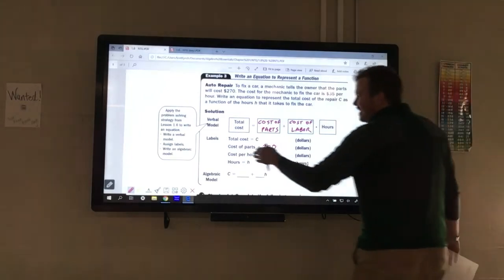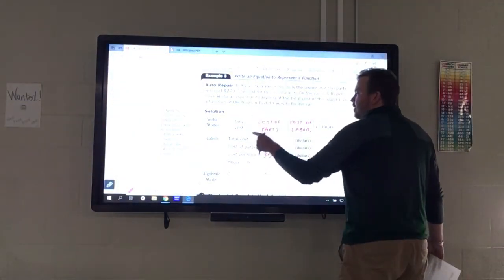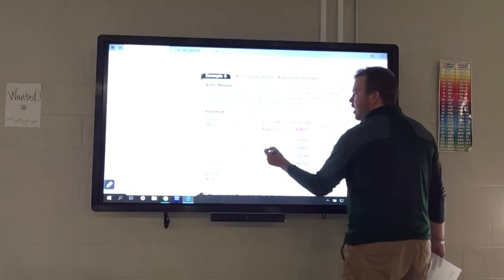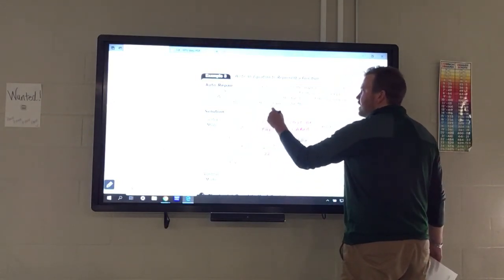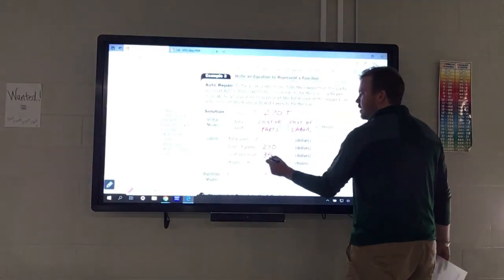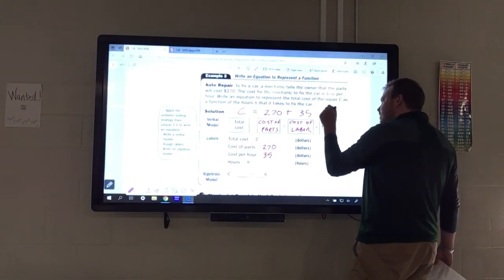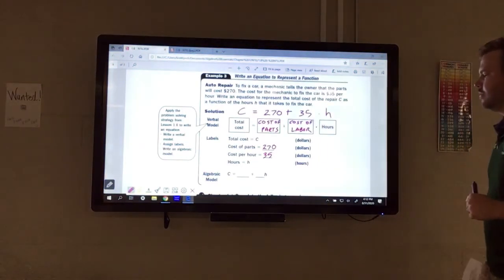So if we take these labels and assign them back to our model, the total cost C is equal to the cost of the parts, 270, plus the cost of the labor, which was $35 per hour, times the amount of hours.